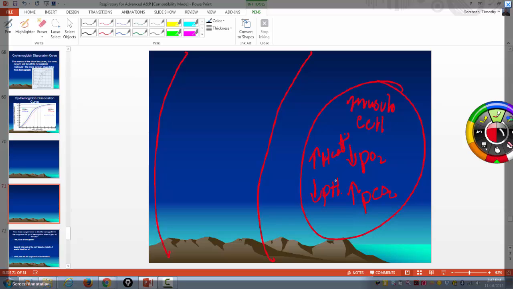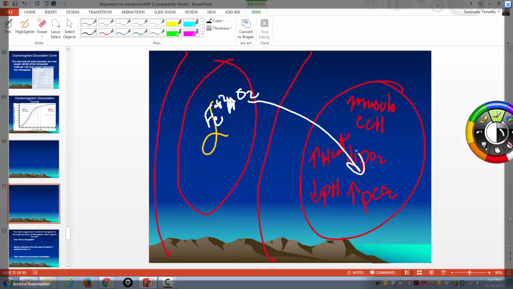All of these conditions are going to cause the oxygen that was bound to the iron on hemoglobin to fall off the iron and go into the cell.